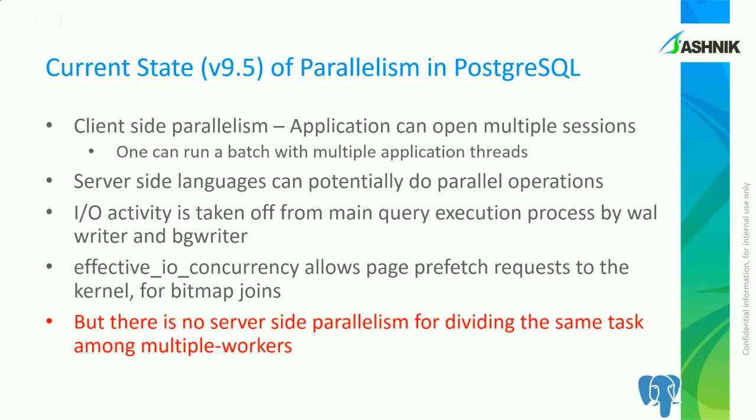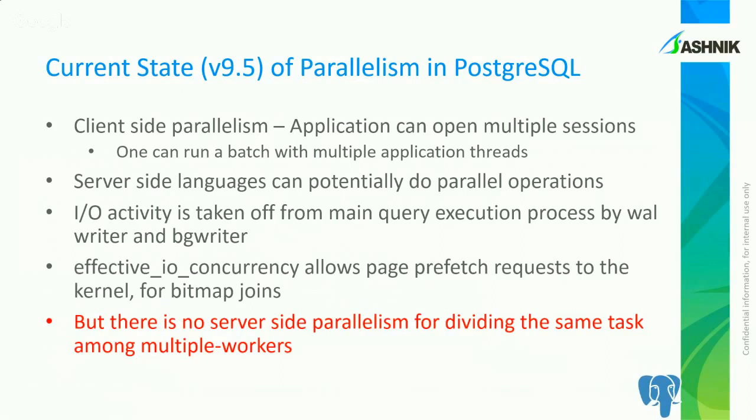Apart from that, there is also effective_io_concurrency, which allows prefetching of pages from the kernel. But despite all this, there is no real server-side parallelism in Postgres. That means that one query which has been submitted to Postgres cannot be divided into subtasks and given to multiple worker processes. That is the state as of 9.5.